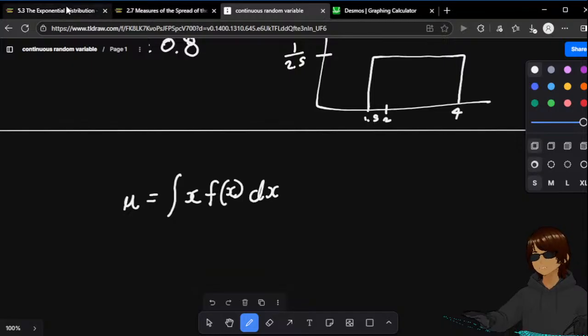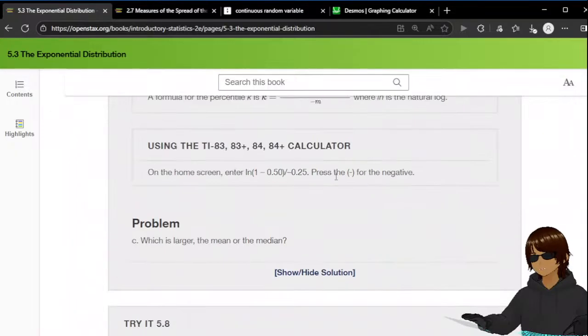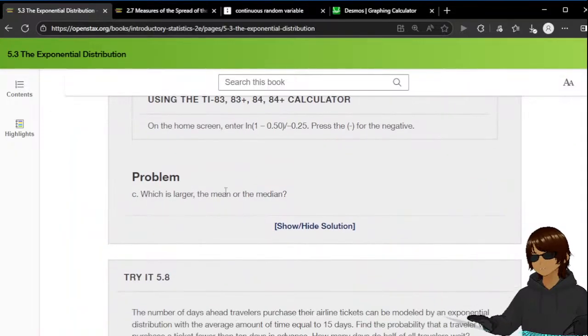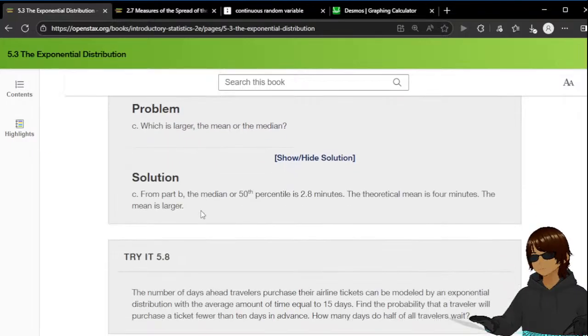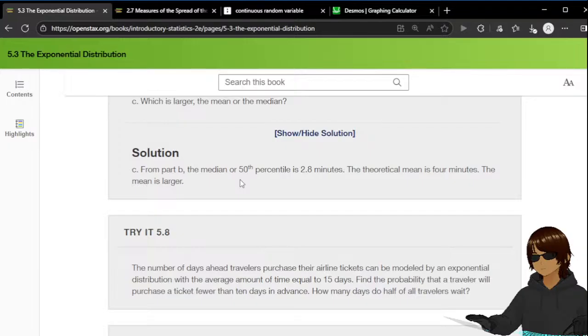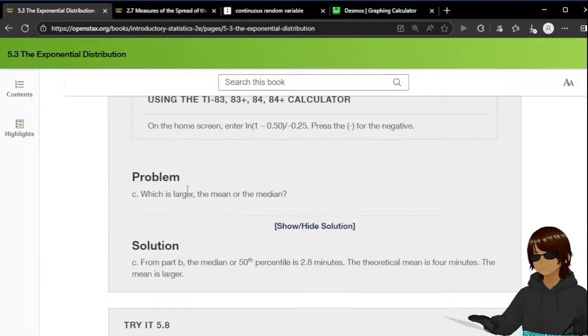This is not the same as cutting the area 50-50. Which is larger, the mean or the median? The median is 2.8, the mean is 4, so the mean is larger. Yeah, the mean is larger actually.